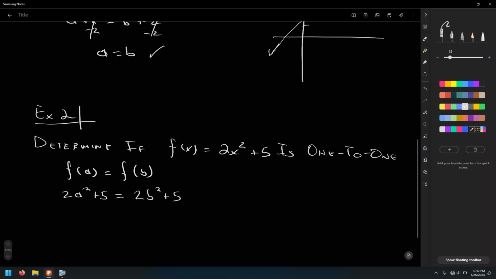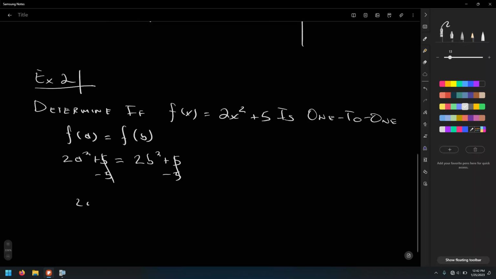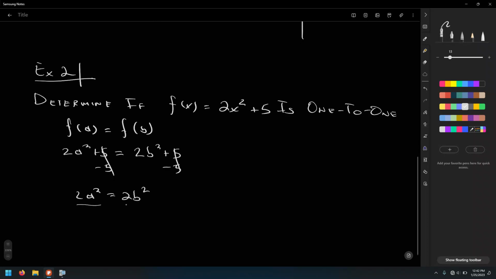Let's do some simplification. Subtract 5 from both sides. Divide both sides by 2. And that's going to leave us with a squared equals b squared.